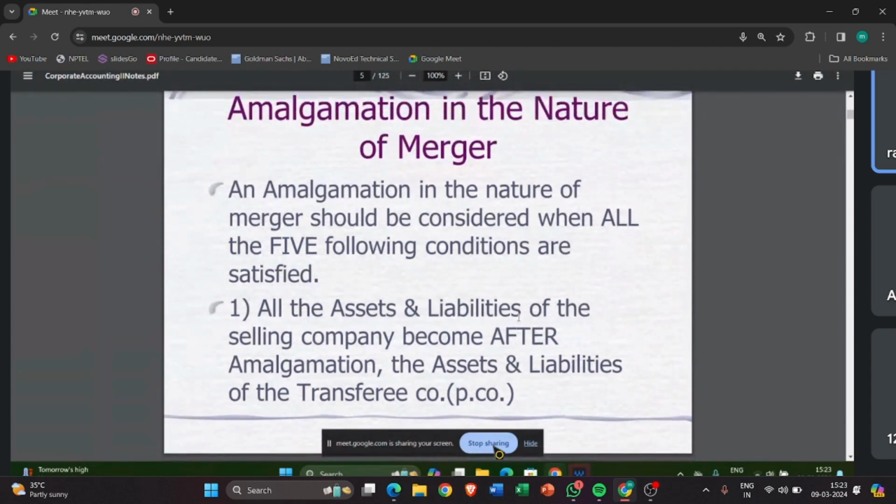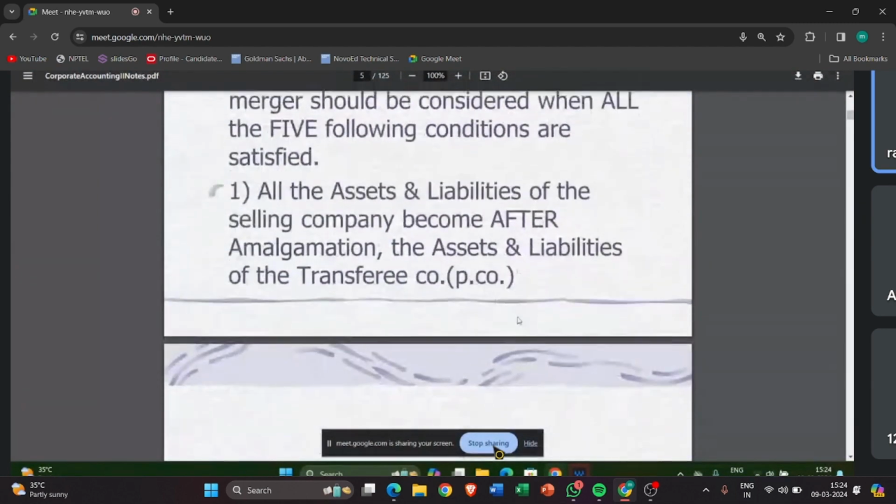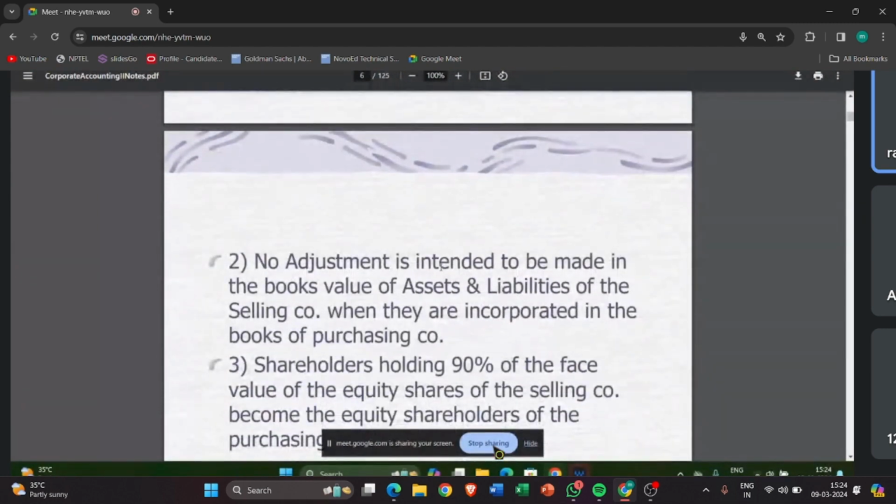Because when it is a merger, both the companies are losing their existence. They cannot say that some of the assets will be taken over and some will not be for the new company. The new company has to compulsorily take over all assets and liabilities at book values itself, which means no adjustments are intended in the book values.